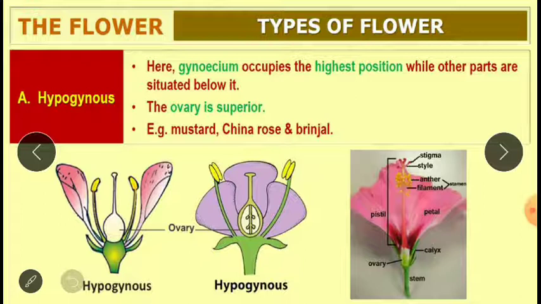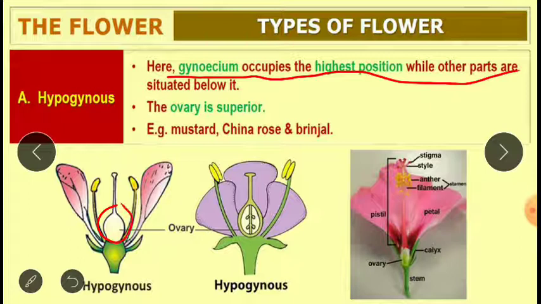So what is this hypogynous flower? In the hypogynous flower, the gynoecium is occupying the highest position, the top position, whereas all the other parts are present below it. So here you can see that the gynoecium is up, the ovary is up, whereas this is the androecium, these are the petals, the sepals, all are going to be below the ovary, that is the gynoecium.